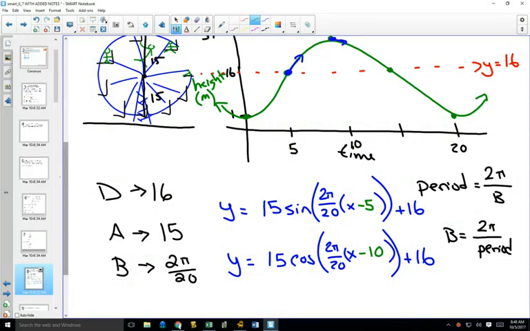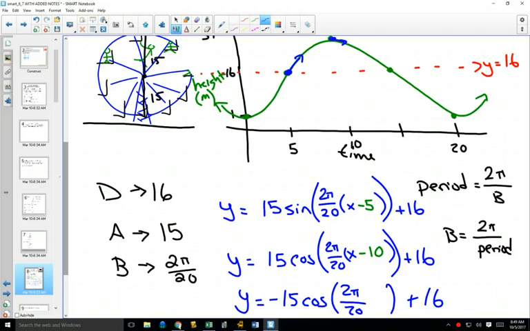Yes? Would it be right in the exam if we simply put minus cosine? Yes, and I was going to just say that probably the most common equation that someone would make using this one is, see how the graph starts at a minimum? If I wrote a negative cosine graph, the 15 stays the same, the 2 pi over 20 stays the same, the plus 16 stays the same, but if I make it a negative out front, a negative cosine graph starts at a minimum.